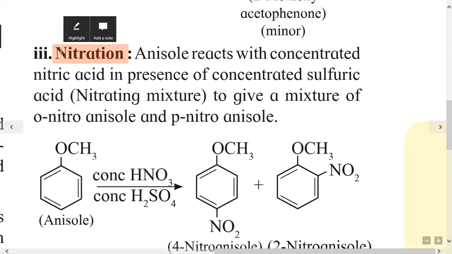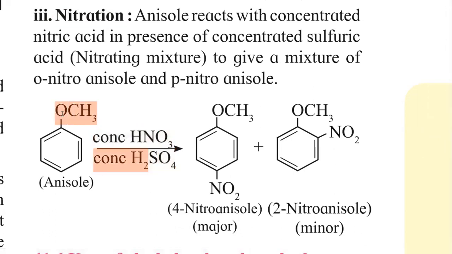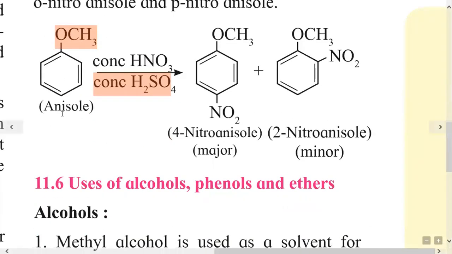Nitration means substitution of a nitro group. For nitration reaction, a nitrating mixture is used, and the nitrating mixture is a mixture of concentrated nitric acid and concentrated sulfuric acid. When anisole is treated with concentrated nitric acid and concentrated sulfuric acid, it gives 4-nitroanisole and 2-nitroanisole.